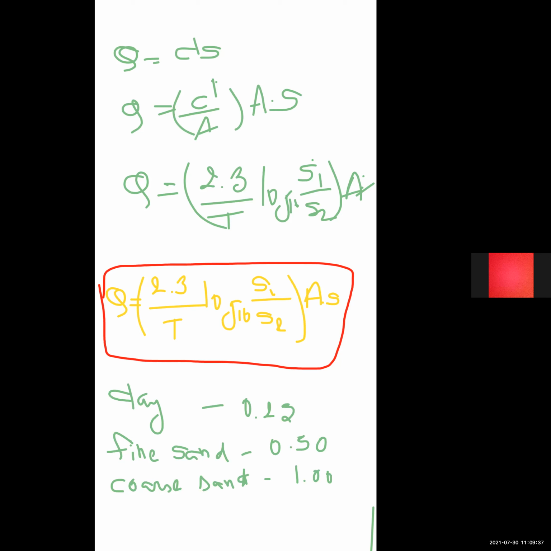So the theoretical method which is useful for determining the yield of open wells as well as tube wells involves the use of the equation developed by Griffiths, Thames, and that is what was discussed. For this formula we can solve different types of questions.